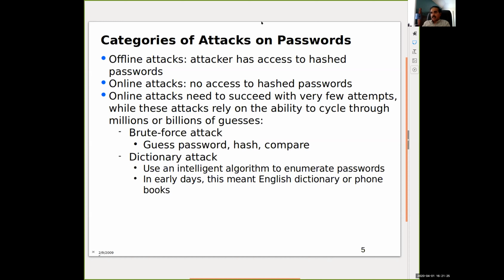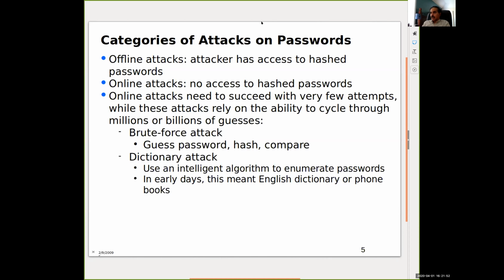Whereas if you're using a password cracking tool and you're running that tool offline, then you can try it as many times as you want, and there's really no limit on how many times you can try this. So we will talk about online attacks later on. We'll first focus on offline attacks because that's where the attacks are particularly easy.